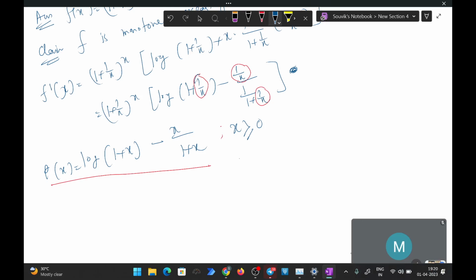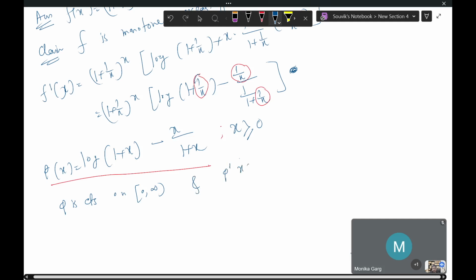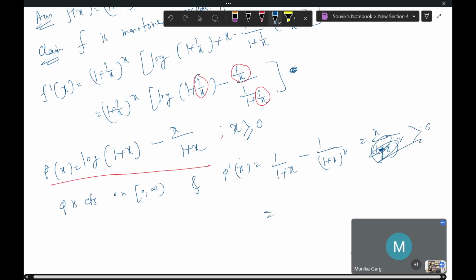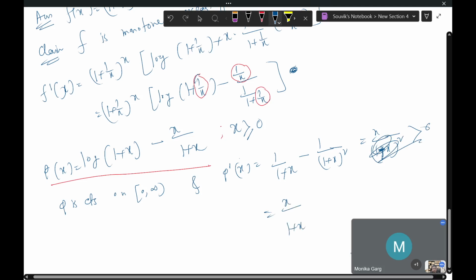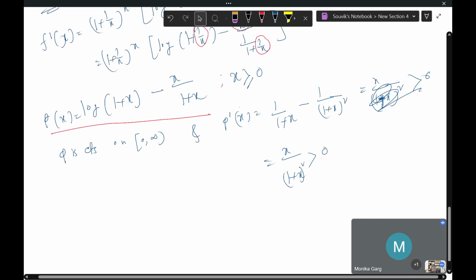So now obviously phi is continuous on the closed bracket 0 to infinity, and phi dash x is equal to 1 by 1 plus x minus 1 by 1 plus x whole square, which is equal to x by 1 plus x whole square, greater than 0. This is exactly the previous one.